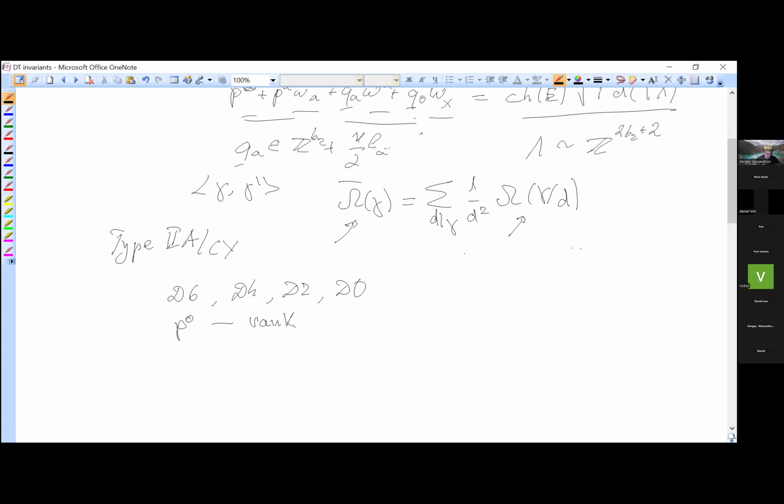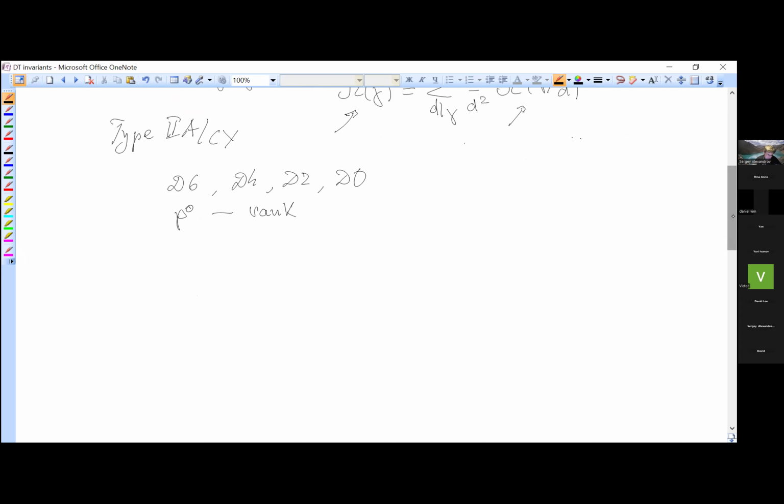Now let me very briefly mention a few properties of these invariants. The most important property is that they experience wall crossing. What it means is that they are not just functions of my charge gamma, but they also depend on the moduli, which I will call ZA.